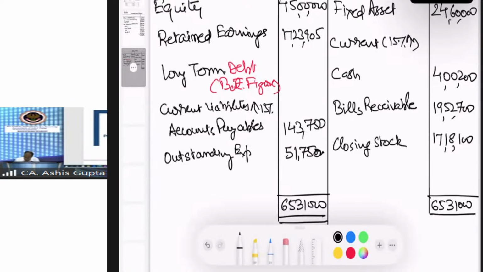Now, student, please let me know the balancing figure. I am awaiting your answer. Student, please compute this balancing figure.